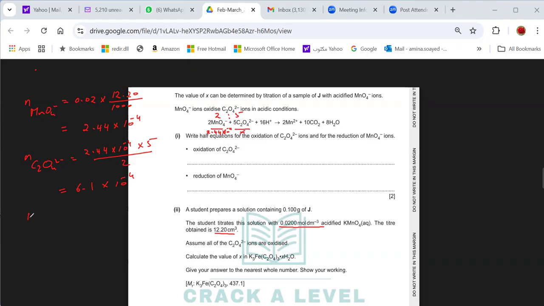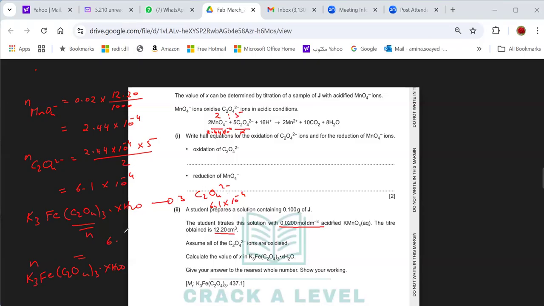So we got the number of ethanedioate ions. Now we see that every mole of K3Fe(C2O4)3.XH2O contains 3 moles of the ethanedioate ions. So this means that if we got the number of moles of the ethanedioate ion to be 6.1 times 10 to the power minus 4, to get the number of moles of the potassium Fe(C2O4)3.XH2O, the number of moles is equal to this value divided by 3.